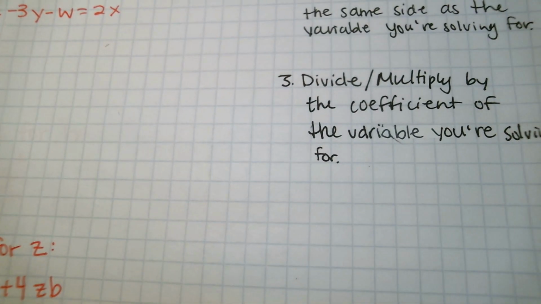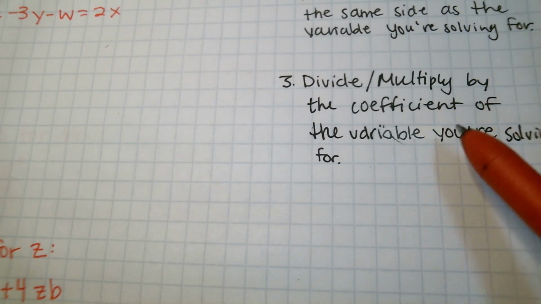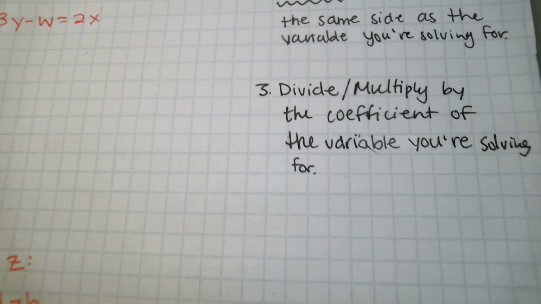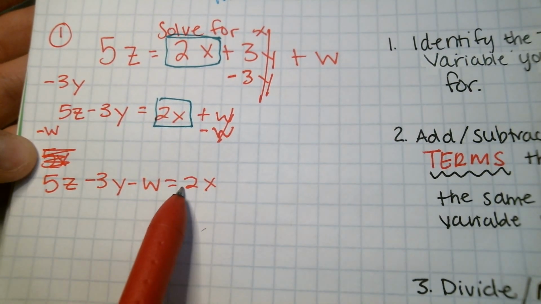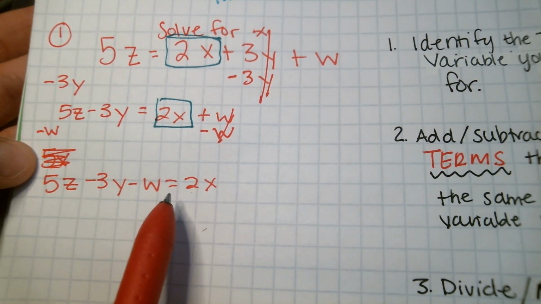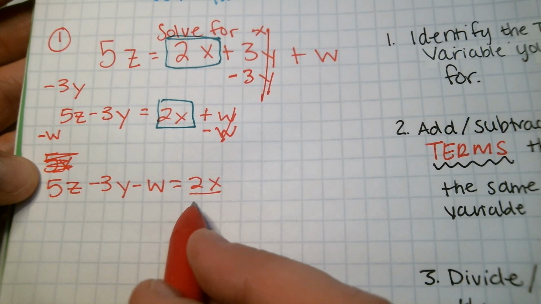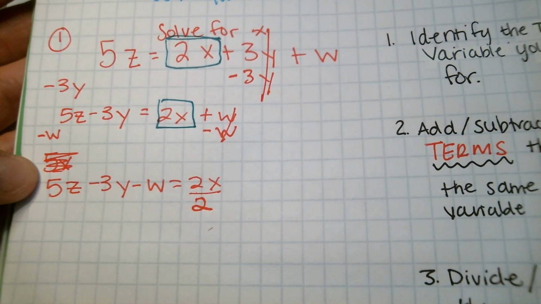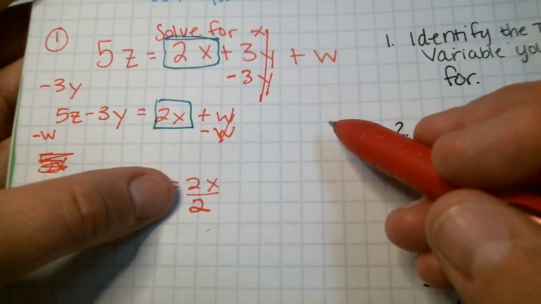So the next thing would be step 3, divide or multiply by the coefficient of the variable you're solving for. And right now the coefficient of x, what we're solving for, is 2. So I don't want it to be 2x. To solve for x, I need it to be isolated, or 1x. So I'm going to divide by 2, just like we would if we had 2x equals 8 over here.